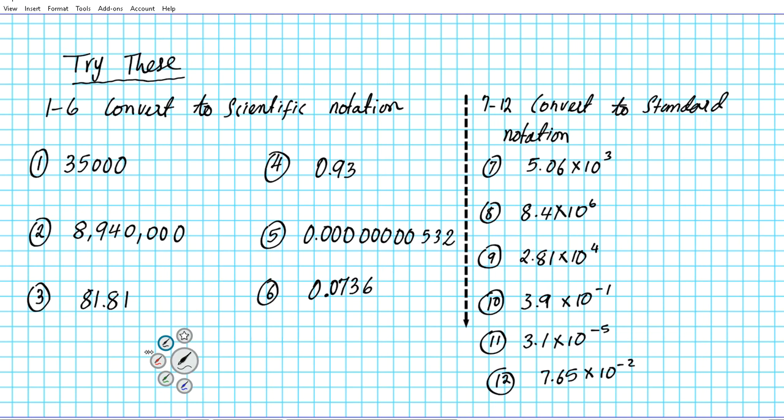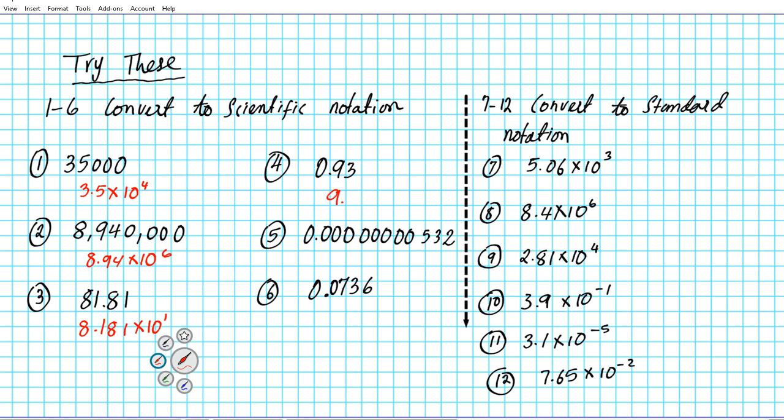Alrighty, welcome back. Hopefully you had a chance to try out the problems. These are the answers to questions 1 to 12. So for number 1, the answer is 3.5 times 10 to the 4th power. Number 2 is 8.94 times 10 raised to the 6th power. Number 3 is 8.181 times 10 to the 1st power.